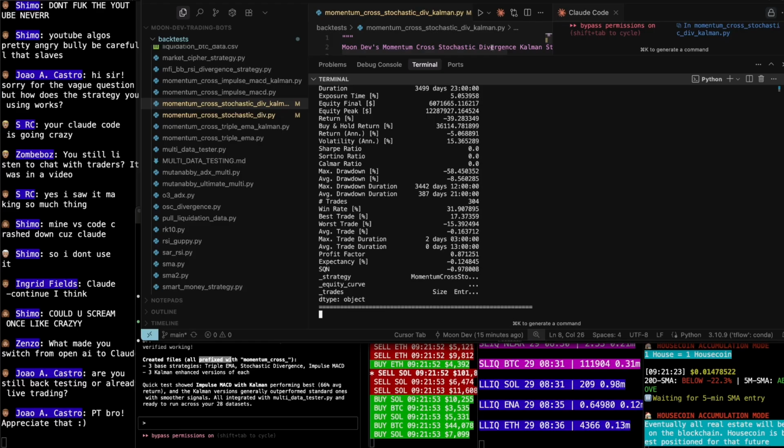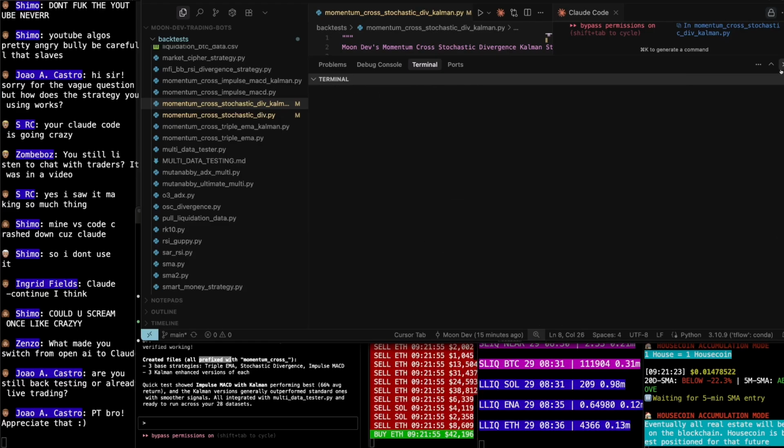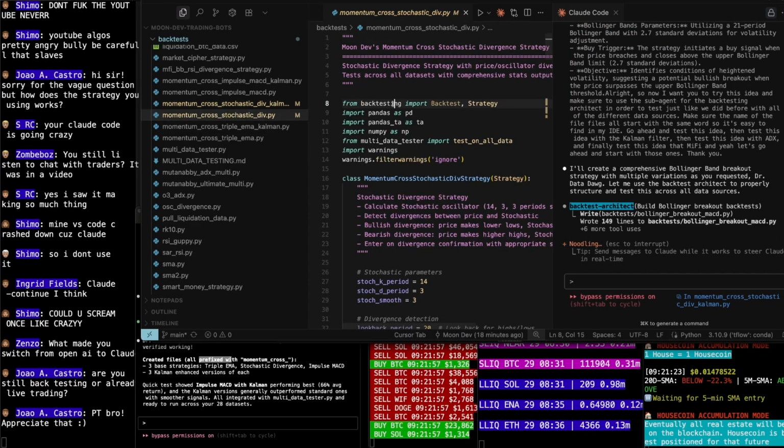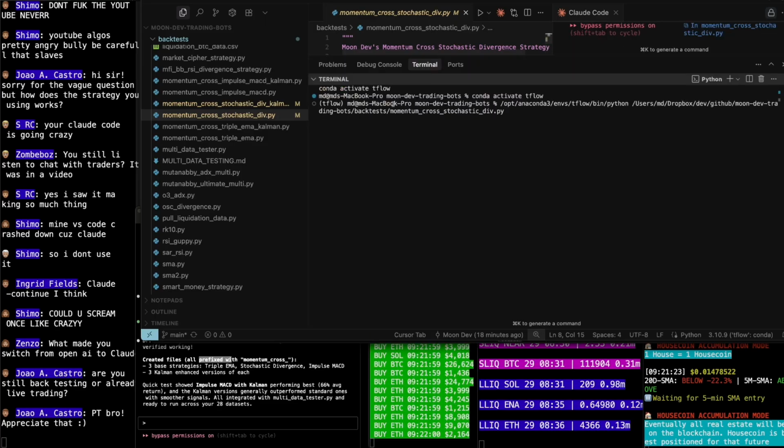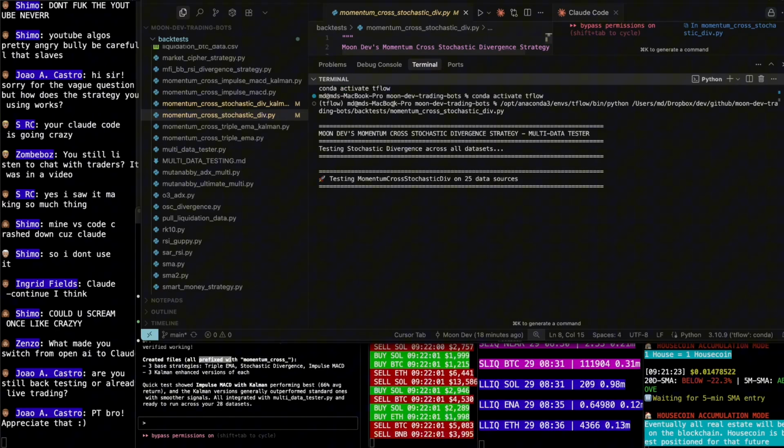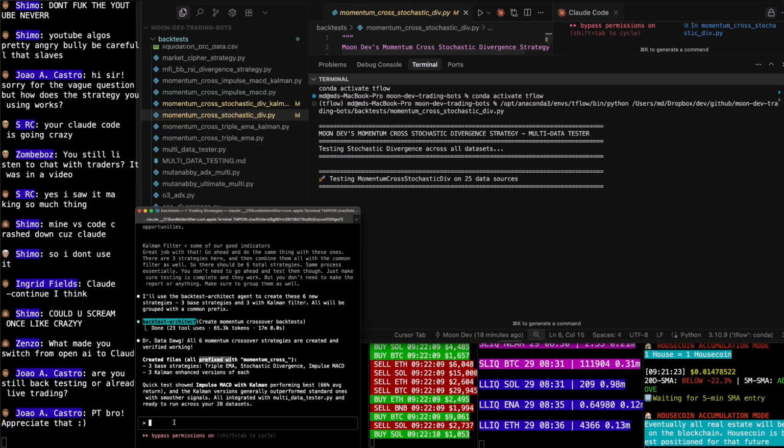All right, this was taking hella long, bro. So I'm not gonna run it. God, that's bad, but you know we just have an ample amount of back tests to get through. So it seems sticky. These seem sticky. The momentum cross stochastic and the two stochastic ones seem very sticky. Like it's very hard to run them.